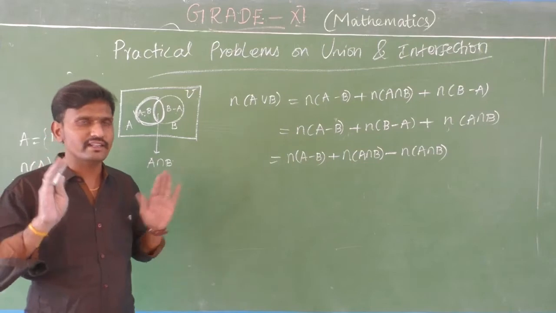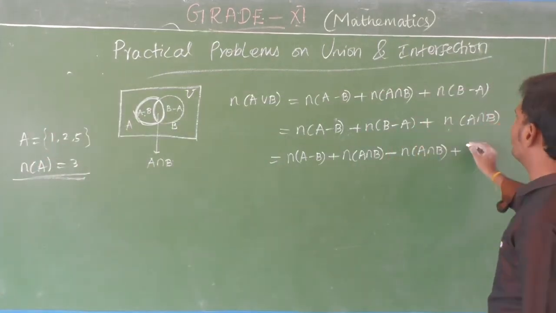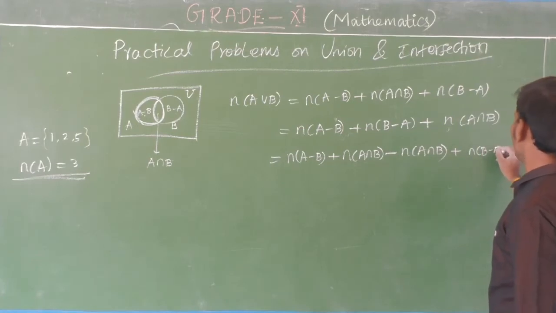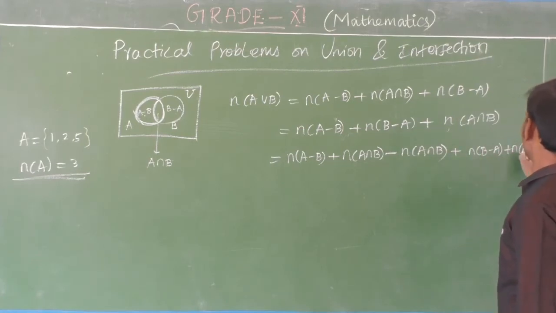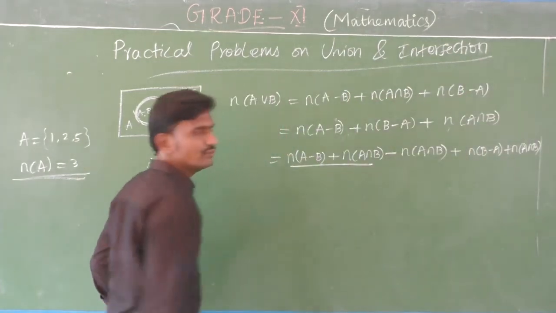We have to collect it. Wait. Plus what is the remaining? The remaining is n of B minus A plus n of A intersection B. Okay. Now we have to join these two. These two mean what?